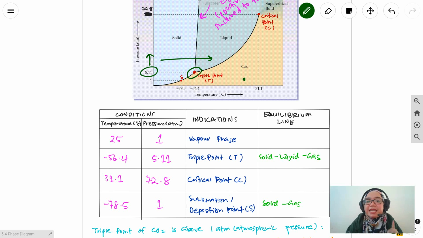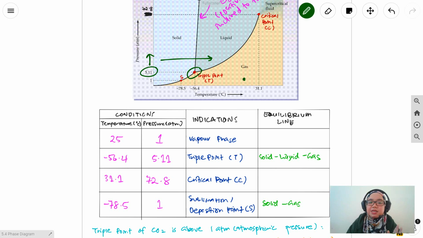Other than that, below 5.11 atm, solid will directly sublime into gas. Okay, so as the temperature increase at constant pressure, solid will sublime into gas phase. Okay, this is the carbon dioxide punya phase diagram.